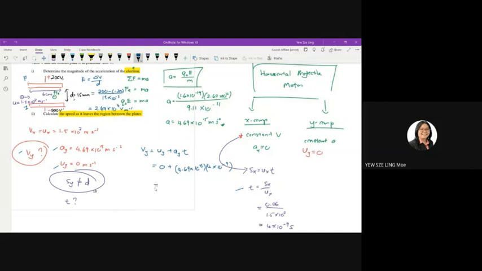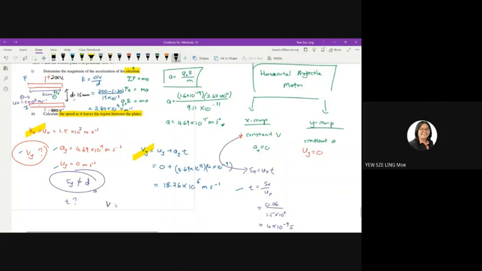So Vy is equal to 18.76 times 10 to the power of 6 ms^-1.